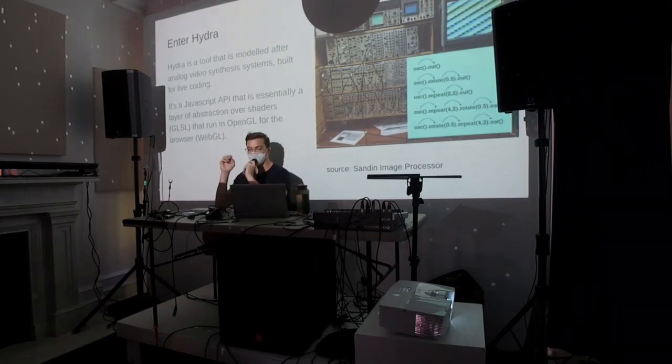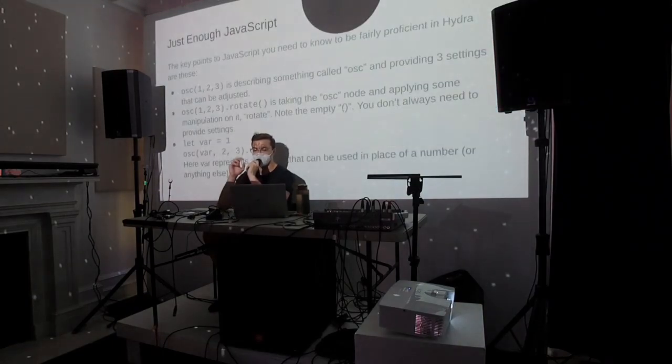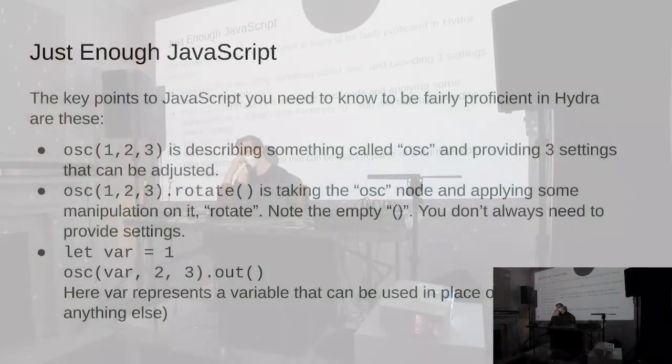But for this, we're not specifically doing anything 3D. We're essentially creating shaders, and if you stick around, there's a shader workshop later in the day that'll be much more advanced for programmers. But this should be just enough JavaScript understanding that we can start playing around with this thing.